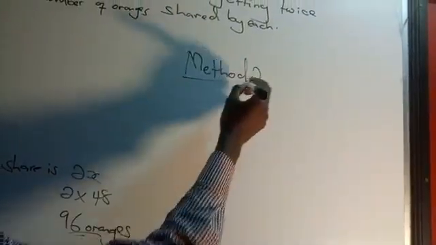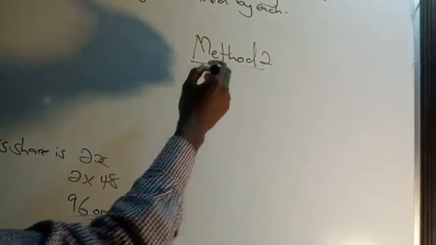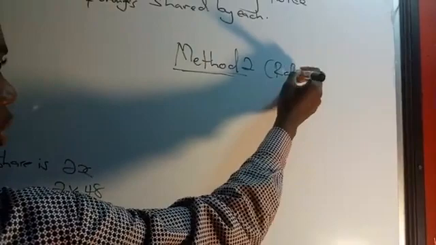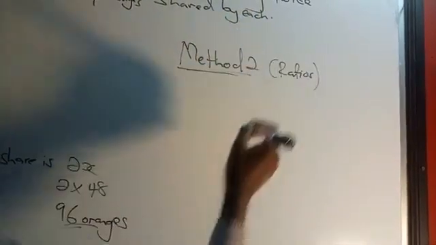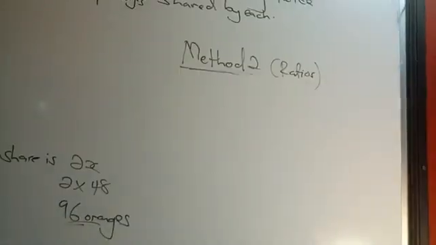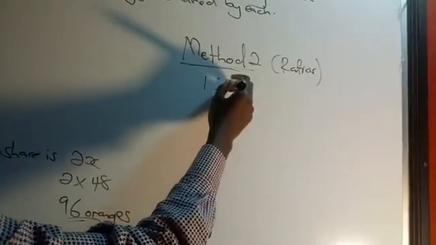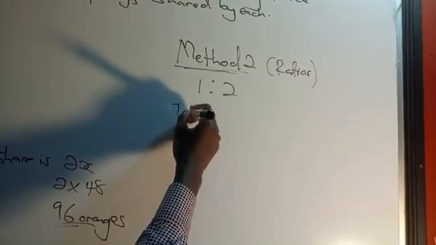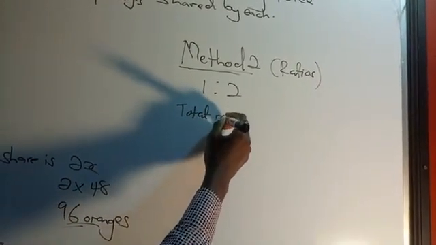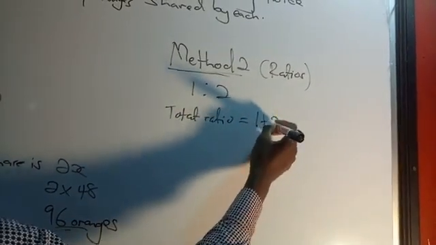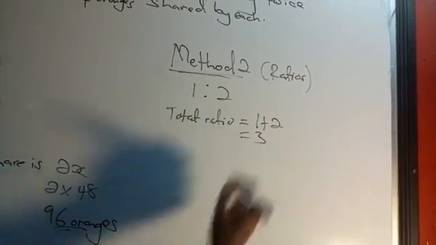this one is going to deal with what we call ratios. So their ratio was 1 to 2, getting their total ratio to be 1 plus 2, getting 3.